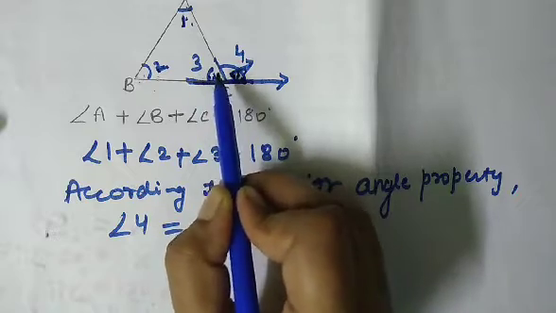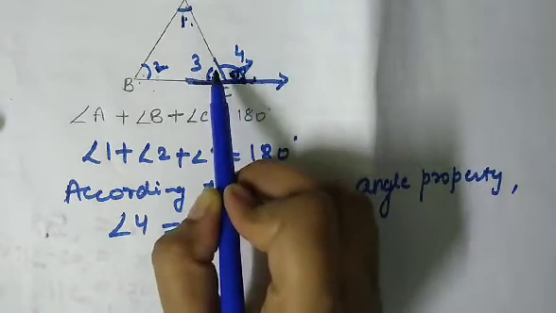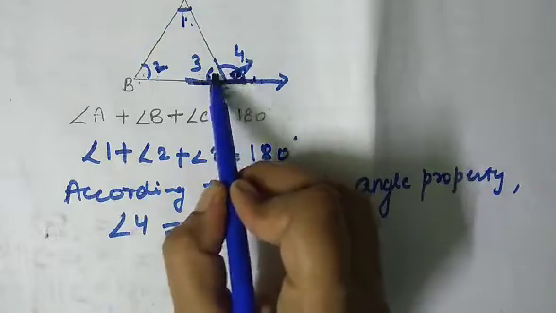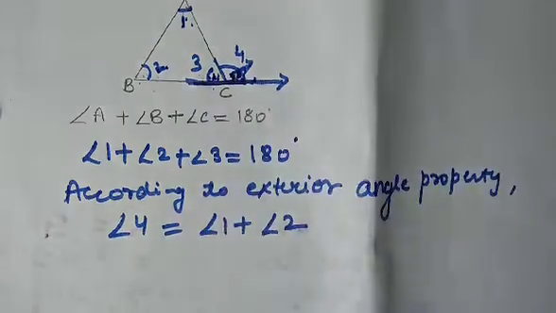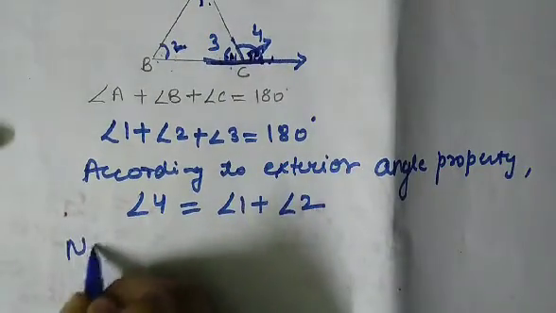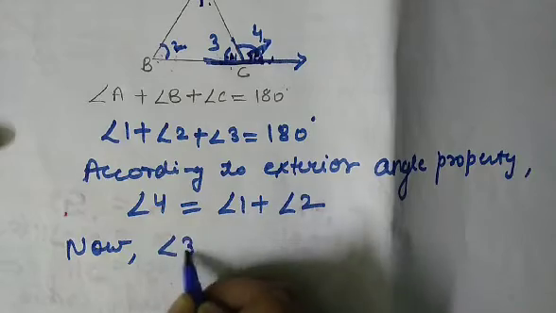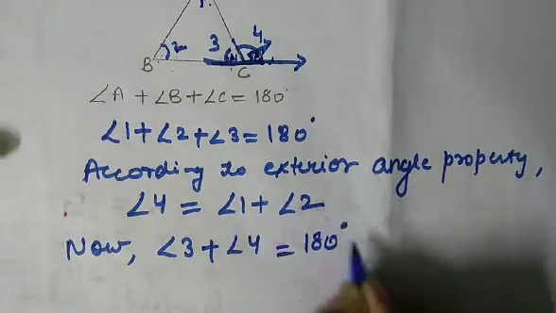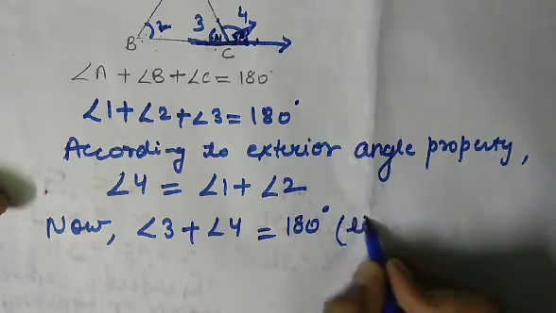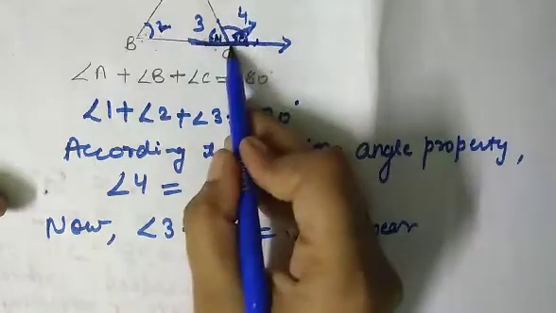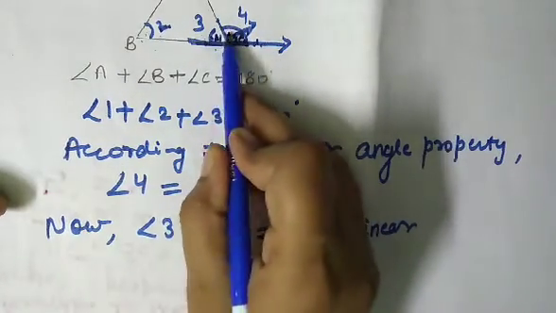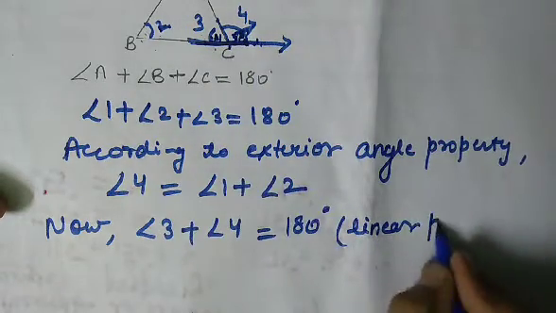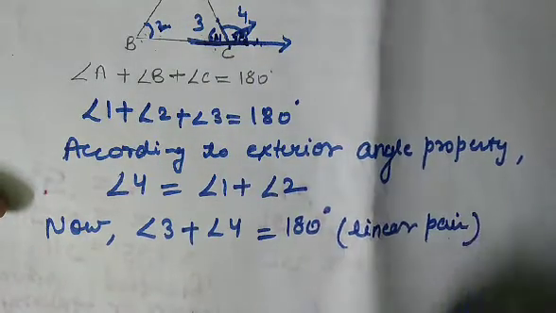So angle 3 plus angle 4 equals 180 degrees because of linear pair, because this point lies on a straight line and they are making a pair on this single point. So their sum is 180 degrees because of linear pair.